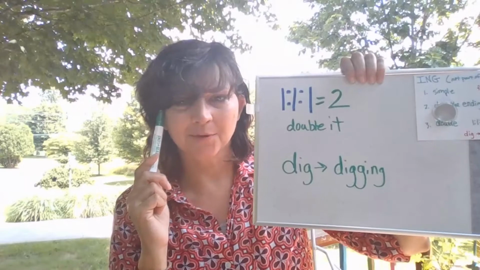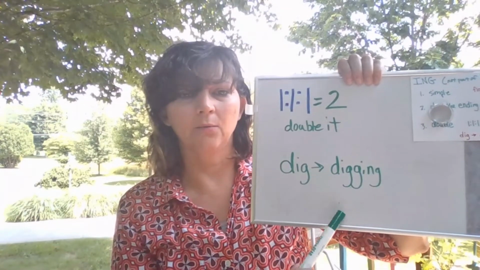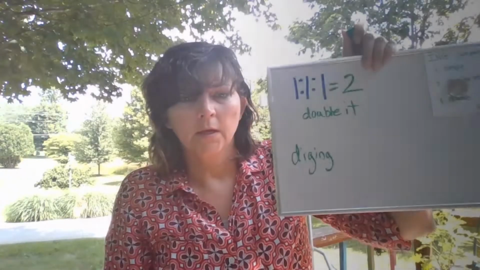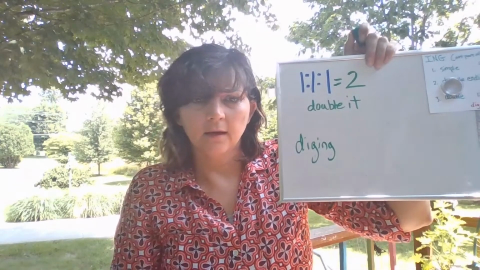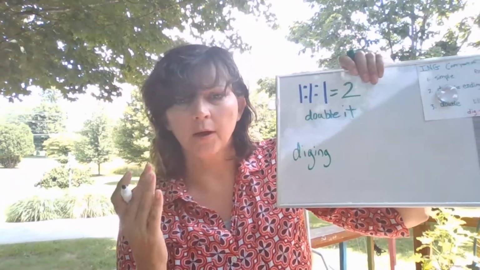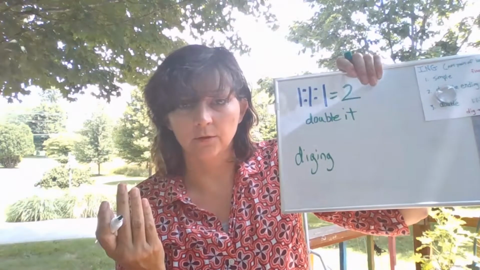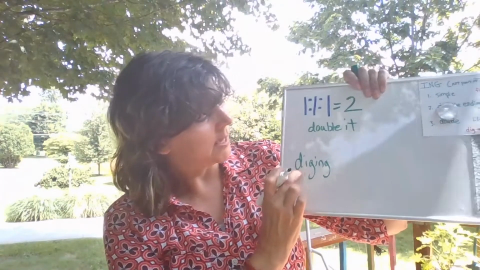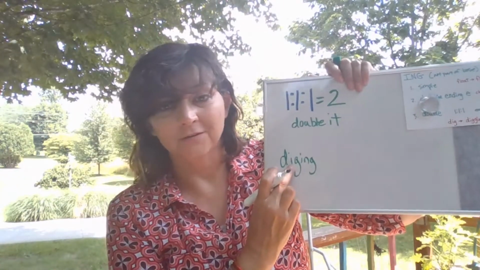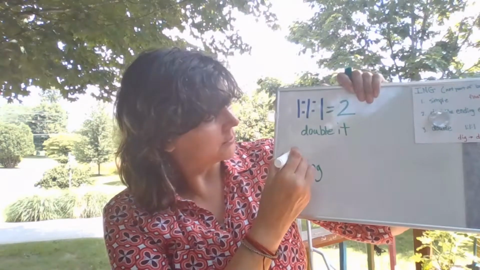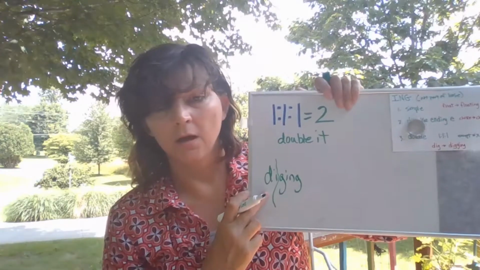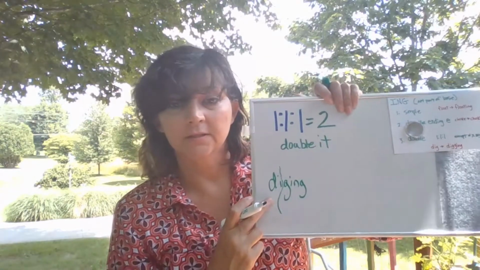Now let's examine that a little bit more and figure out why we can't just add ing. If we don't add a consonant, we have a few different problems. What do you know about how to syllabicate words? How to break them up? Yes, after the first vowel, or vowel team, you would draw a line, and that would become the first syllable.